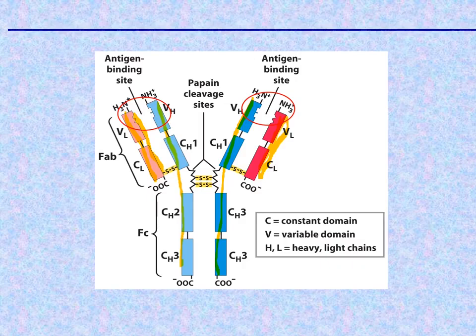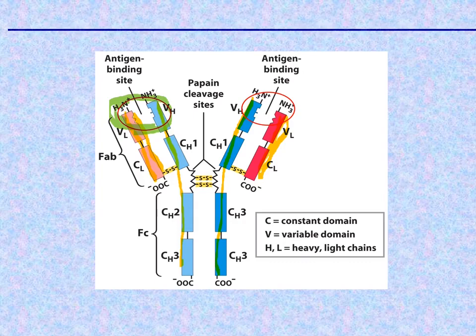And what you should understand is that the part of an antibody molecule that is the receptor for a foreign target antigen is in this area up here. This area between the light and the heavy chain is very specific for a particular molecule.